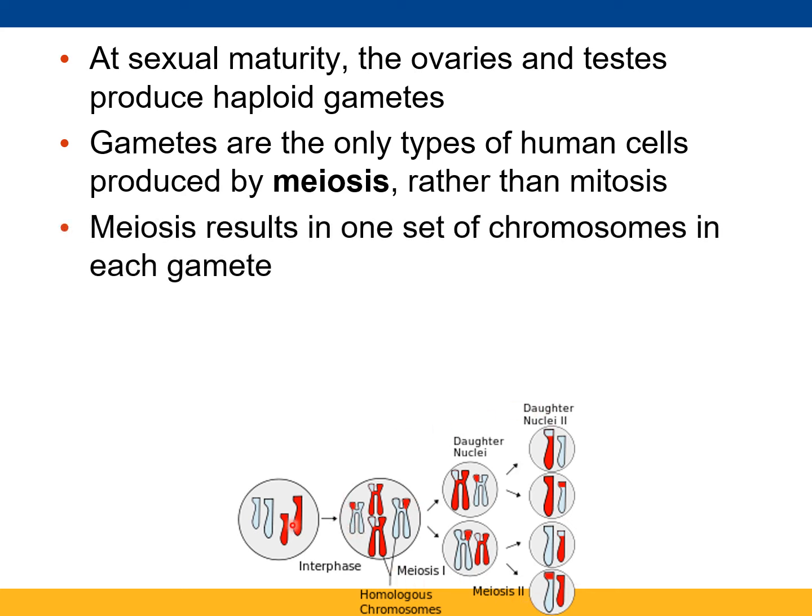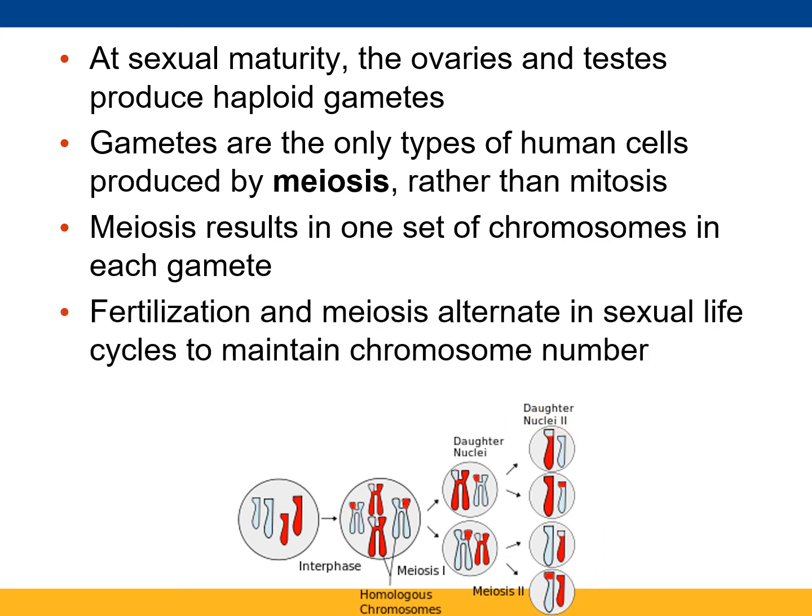But the result of meiosis from a precursor cell is actually 4 cells rather than 2. Mitosis, the cell division product, is 2 cells that are genetically identical to the parent. In the case of meiosis, we have 4 cells that are not genetically identical to the parent and have only half the number of chromosomes, are haploid.